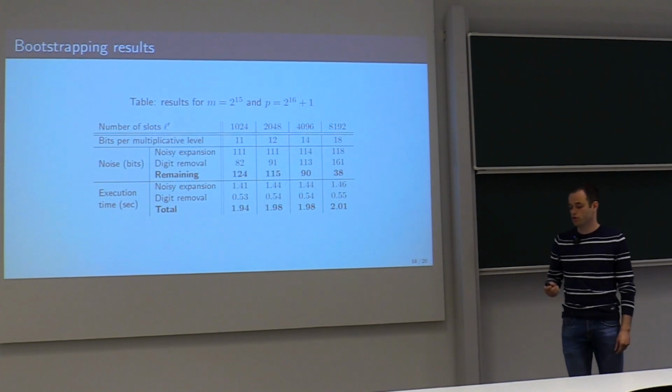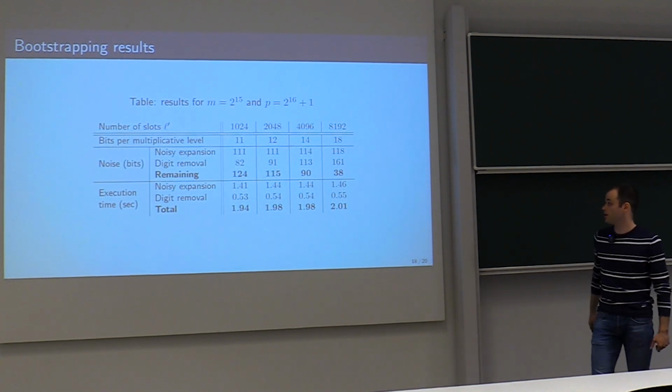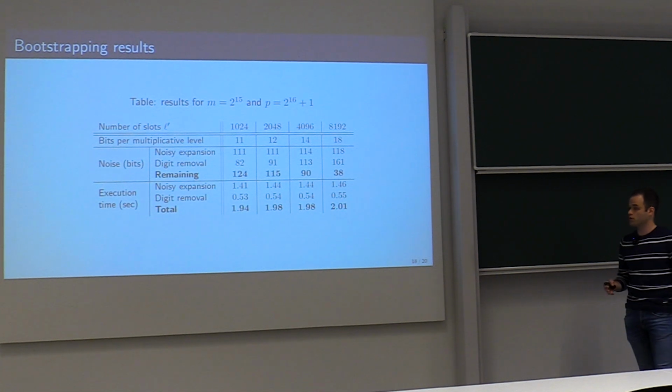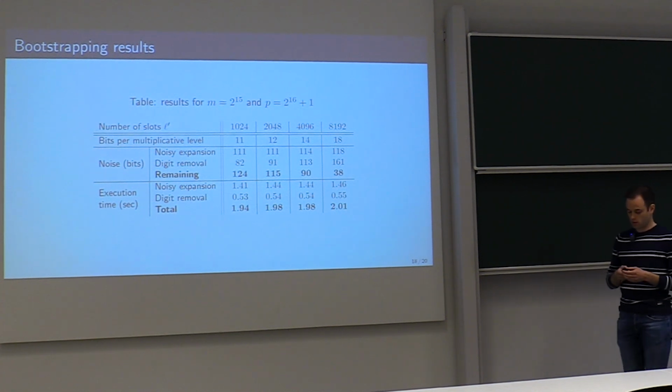We implemented this bootstrapping in the Microsoft SEAL library, and this table shows some results that we got. An important difference with previous works is that we can instantiate our bootstrapping with much smaller parameters. In particular, we only use the 2^15 cyclotomic ring for 128-bit security.